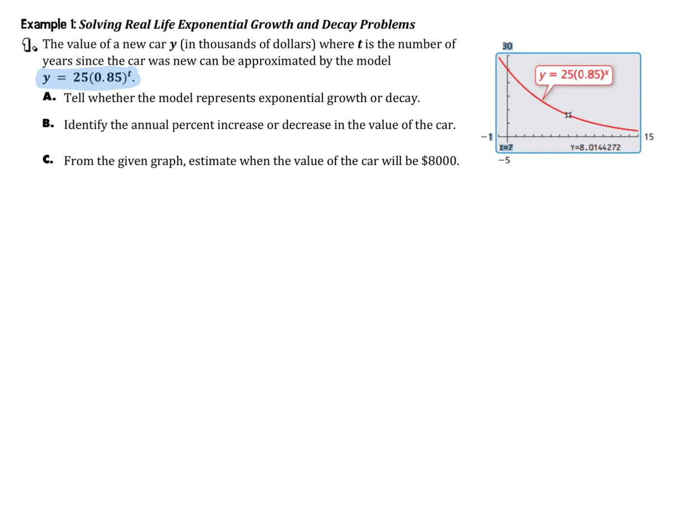So before we even jump into solving that, let's make sure we understand all of the different pieces of this model. So 25 times 0.85 to the power of t. In this case, this is an exponential model, and I can tell it's exponential because t is the variable, which means our b value is 0.85 and our initial value a is 25.